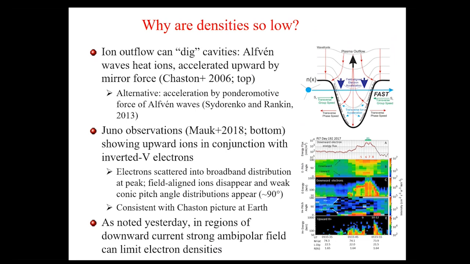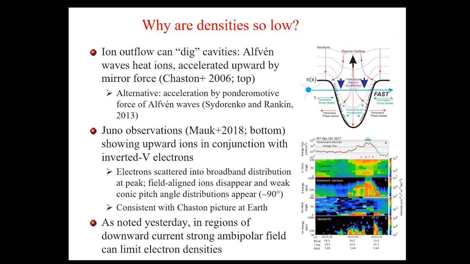In addition to accelerating electrons parallel to the field, the kinetic alphane wave can accelerate ions perpendicular to the field. Those ions, having an increased magnetic moment, feel an enhanced mirror force up the field line. And of course, this whole process is self-sustaining, because when you get these gradients, you have this so-called phase mixing process, which makes the perpendicular wavelength of the waves smaller, and as I'll mention in a moment, that's important for the particle acceleration.